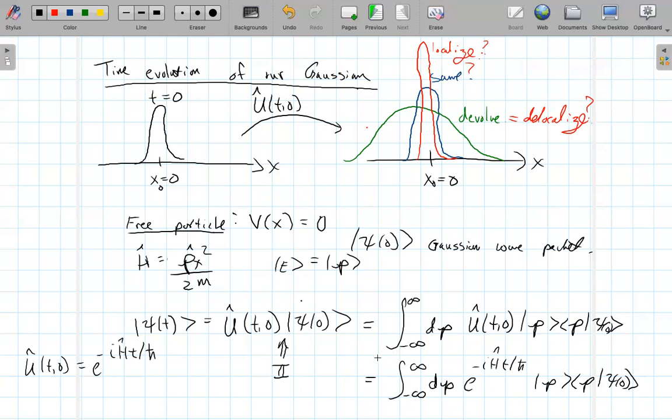You guys doing okay? Now from here, H we know is simply equal to p squared divided by twice the mass, which means this is going to be e to the minus i p squared times time divided by twice the mass h bar. But then I would do a Taylor series expansion of that and act each one of those p's onto the momentum basis, which means that the momentum operator simply becomes the momentum.